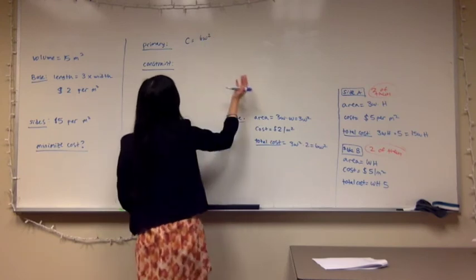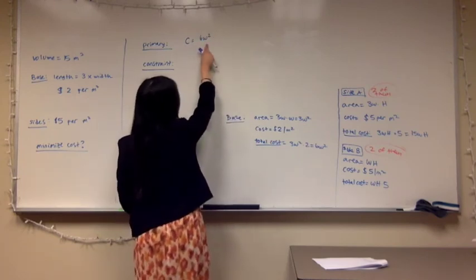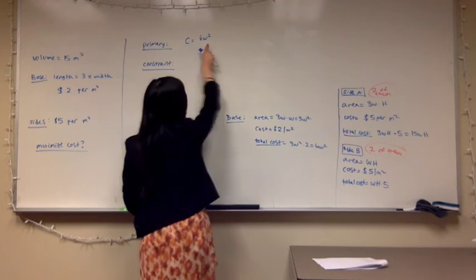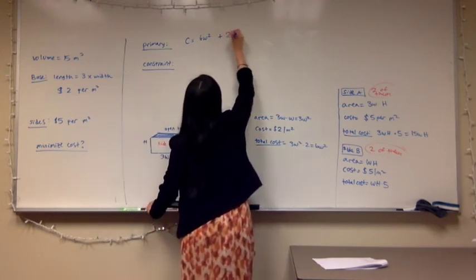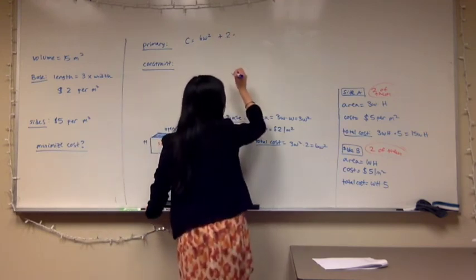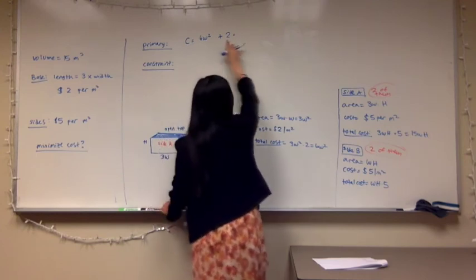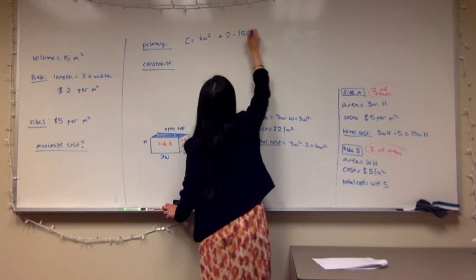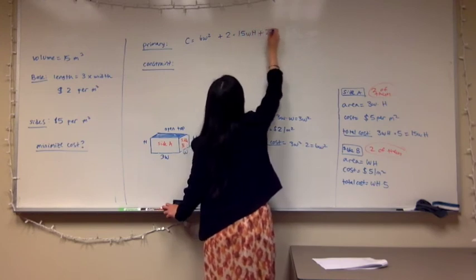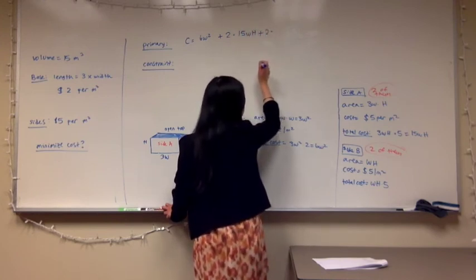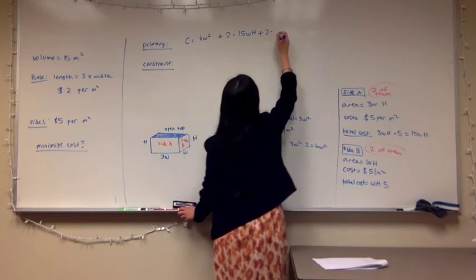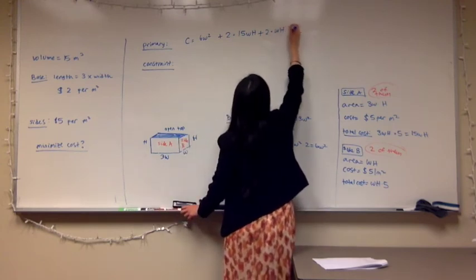So combining all that, we get the cost equals 6W squared, which is the base, plus 2 times the total cost of side A, because again, we multiplied by 2 because there's two of them, 15WH, plus 2 times the cost of side B, because again, there's two side B's, WH times 5.